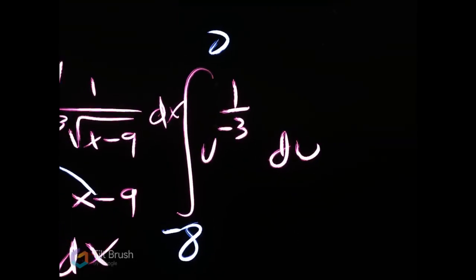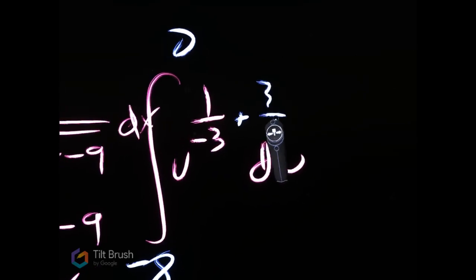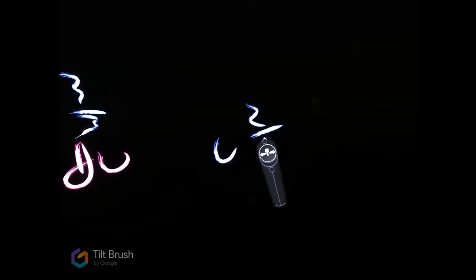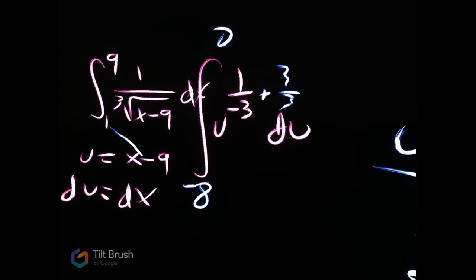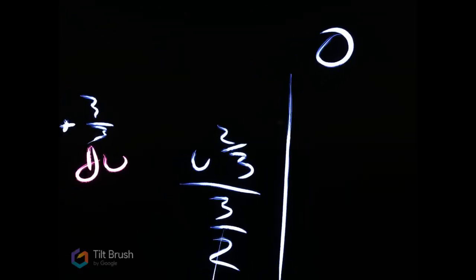So if I integrate this guy, I'm going to add 1 to the power. So I'm going to have u to the 2/3 divided by 3/2, evaluated from the new bounds of negative 8 to 0.